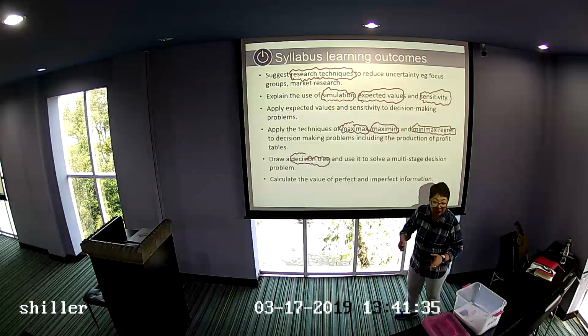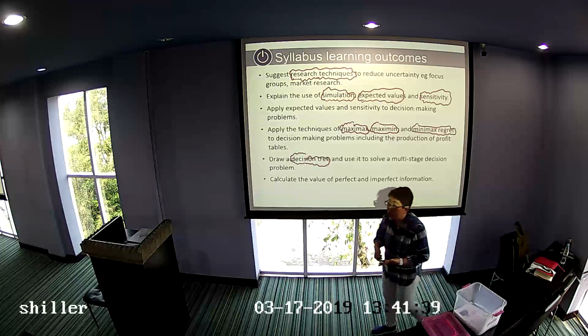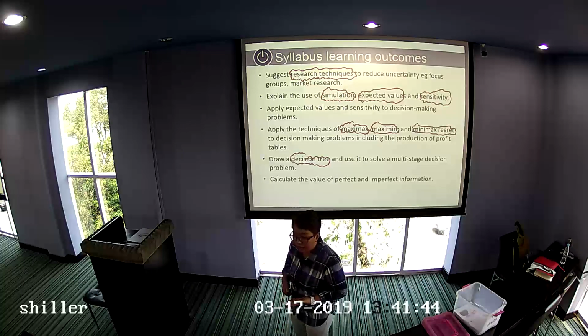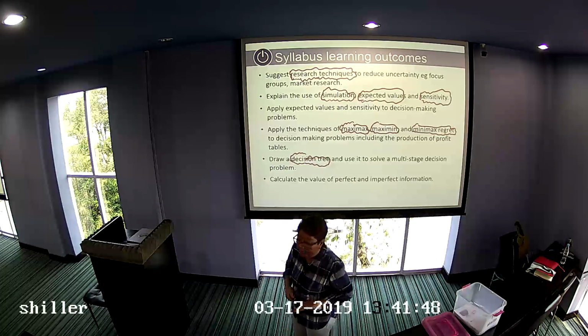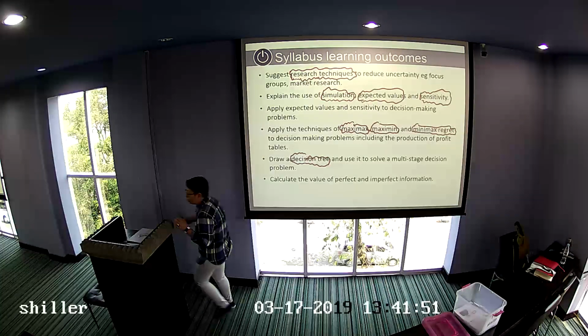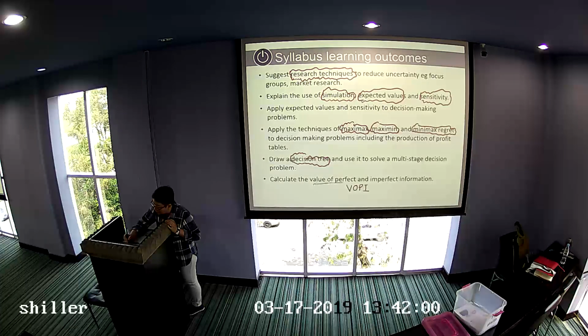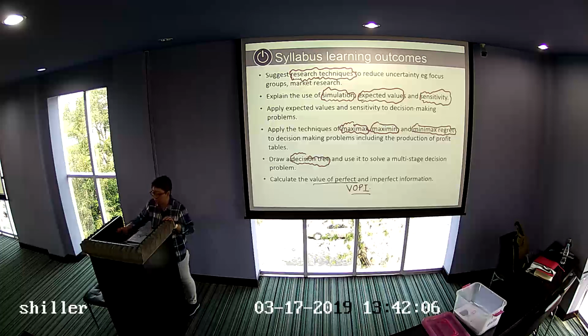Can that happen? Yes. There are experts who do research. There are experts who do calculations, but they do not come for free. You have to pay them. How much is it that you can pay for that information? That is why we need to be able to calculate the value of perfect information, VOPI. You will hear this later on. Value of perfect information.